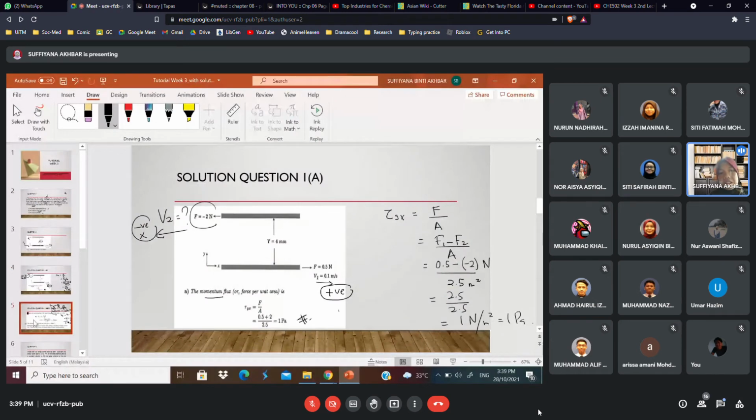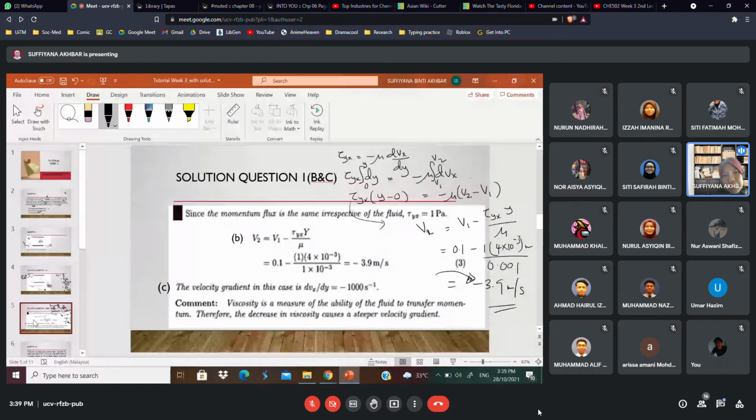Then see the velocity gradient. How to determine the velocity gradient? We have dvx over dy, equal to delta v over delta y. So the velocity gradient is V2 minus V1 divided by y2 minus y1. Substitute the values: negative 3.9 minus 0.1, divided by y2, which is 4 times 10 to the power negative 3 minus 0.